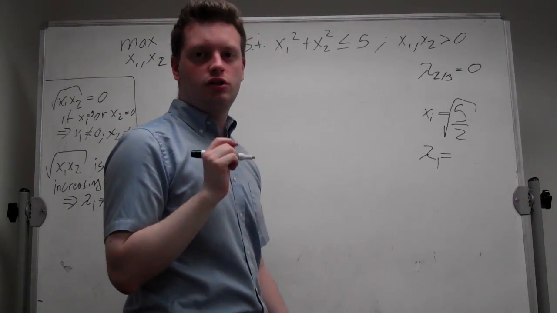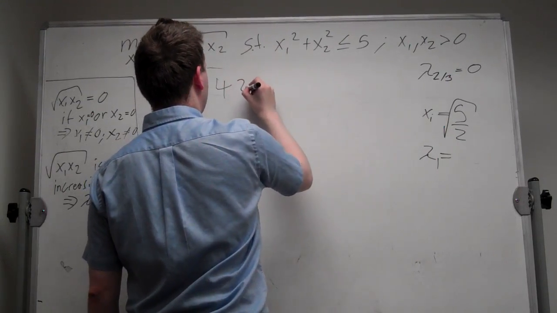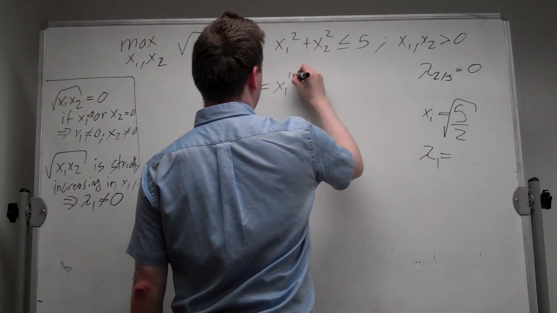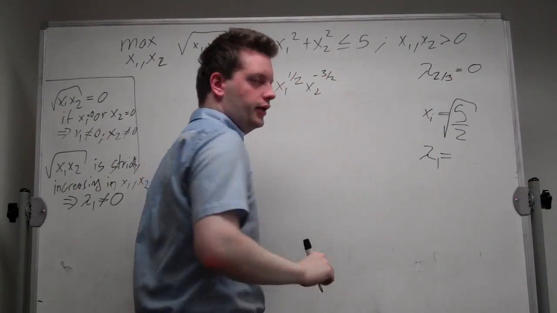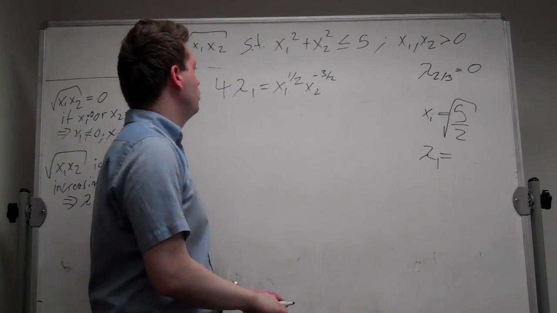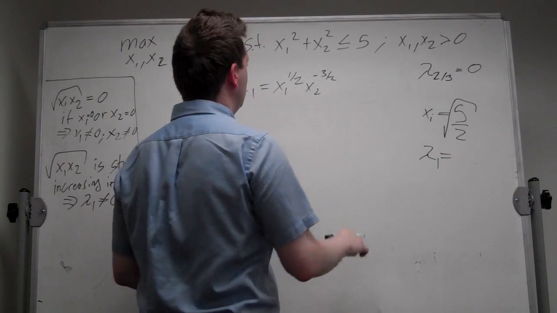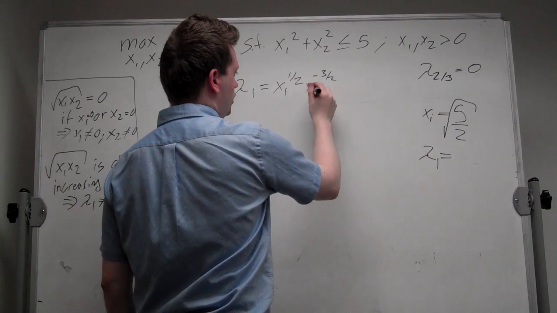If you remember the two first order conditions that we solved for lambda, we had lambda 1 equal to x1 to the 1 half, x2 to the minus 3 halves, right? Since x1 is equal to x2, I can replace this with x1 here.